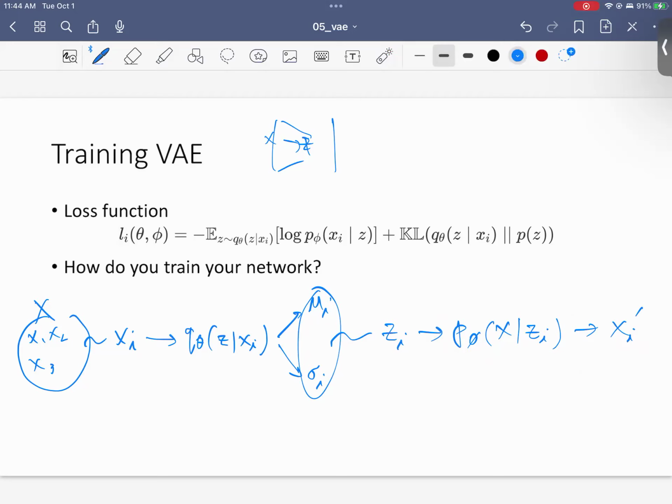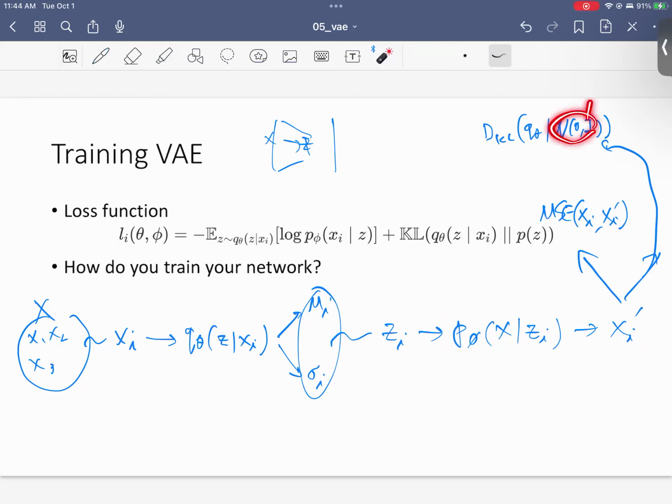Actually, I forgot to write one more thing. Using this xi, we have a loss function, the MSE between xi and xi prime, and there's also a second loss, the DKL between Q theta and P of z, the prior, which is just a standard normal distribution.